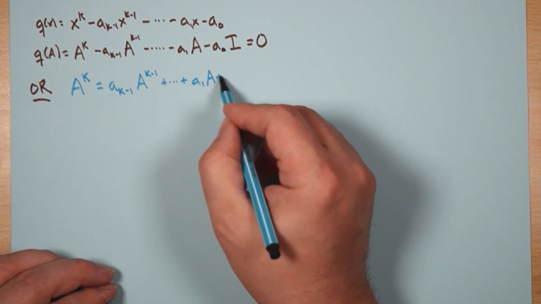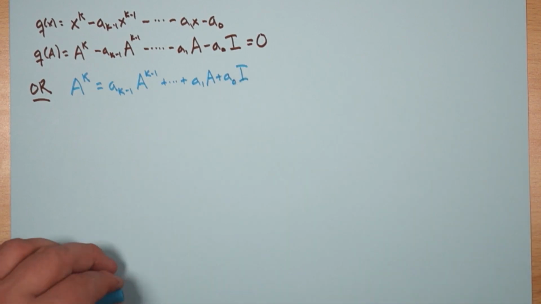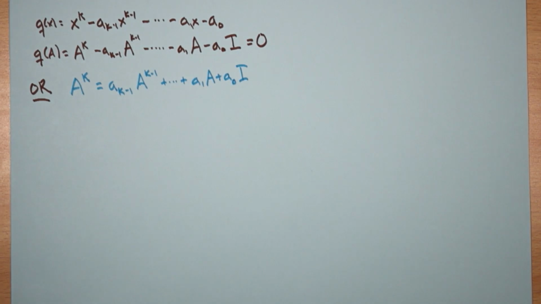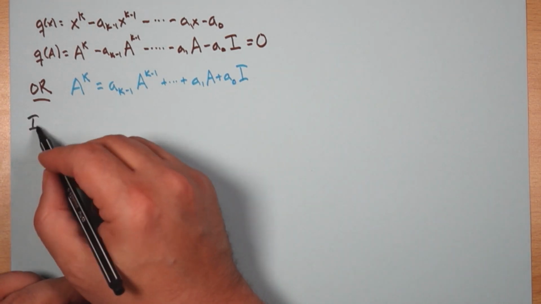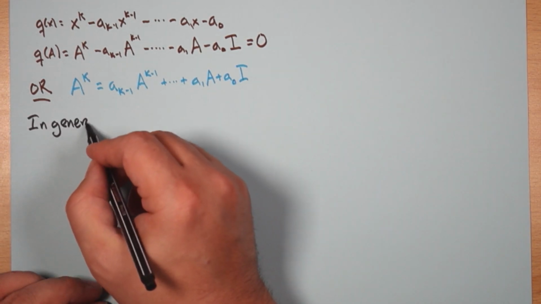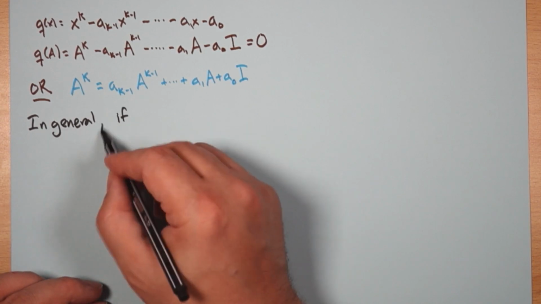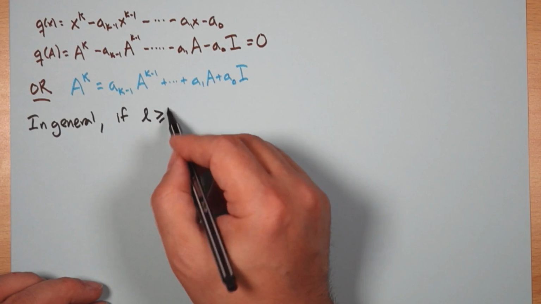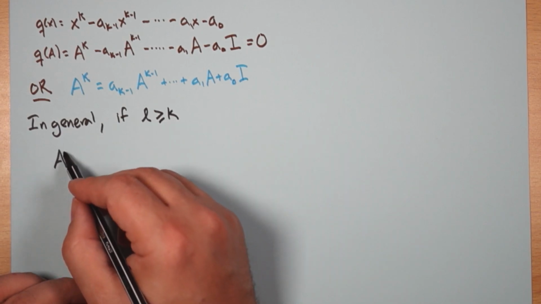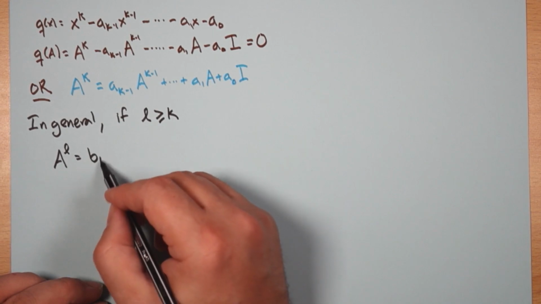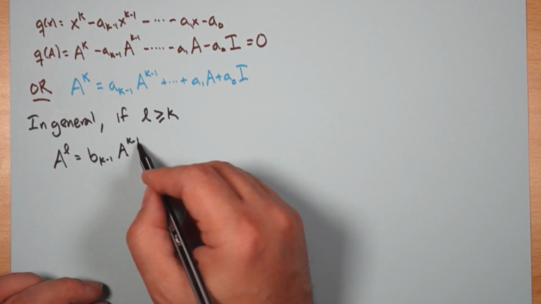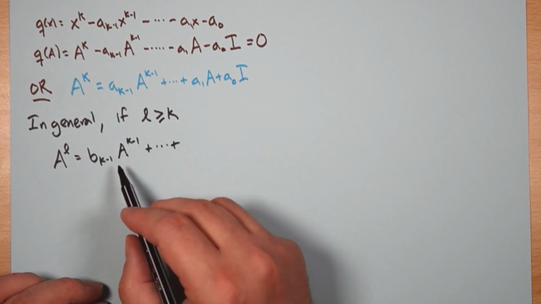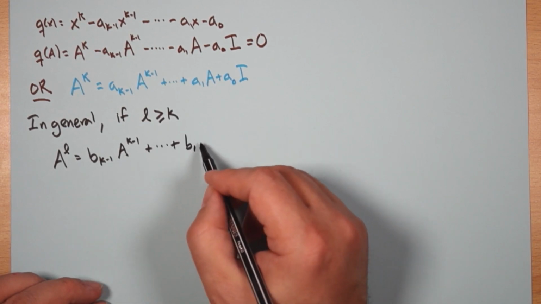And so we say, okay, well, that's kind of cool. But in fact, you can go one step further. You say, well, look, it's not only true that A to the k is a linear combination. You can, in general, do the following, which is to say, if L is greater than or equal to k, then A to the L is some combination of A to the k minus 1 all the way down to the identity.